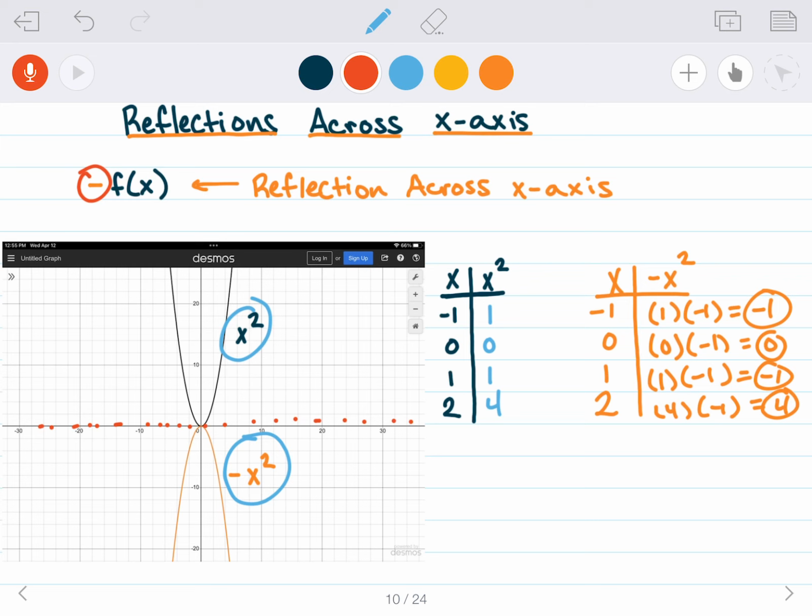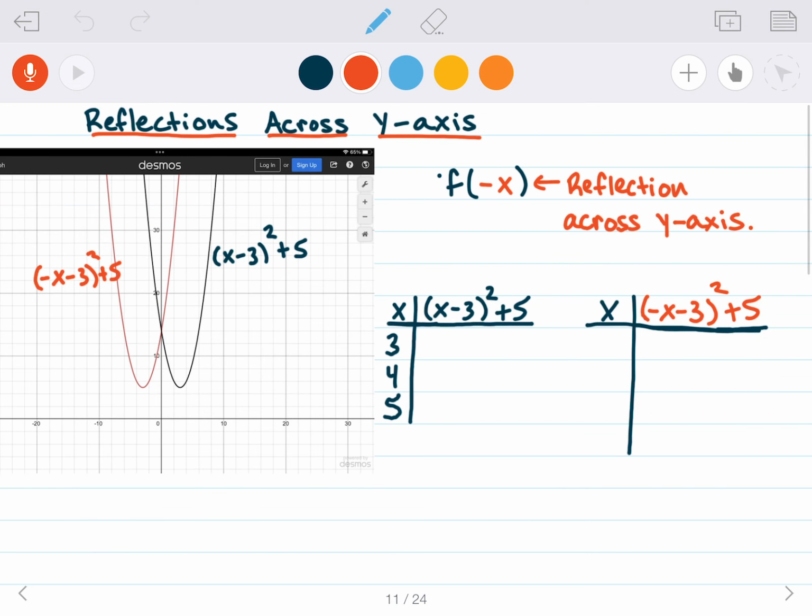And we can see that if we just look at, let's say, this point right here, and compared to this point right here, you see the x values, they're in the same place horizontally, but they're in complete opposite places vertically, and that's what the negative sign is doing here. All right, so those are reflections across the x-axis.